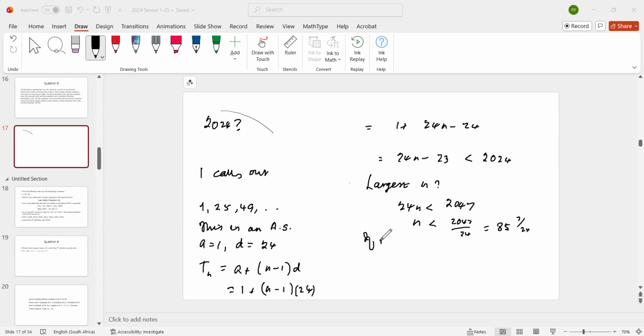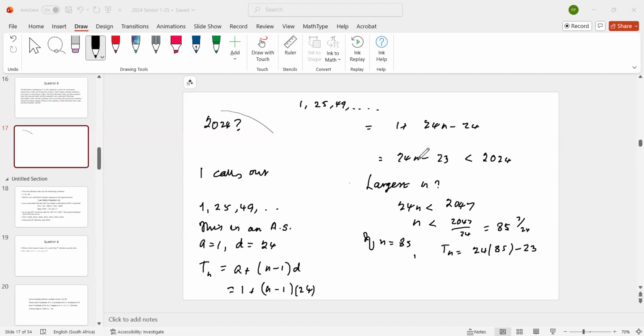But the largest value of n is 85, since n is a whole number. So we are looking at the terms of the sequence here: 1, 25, 49. When n is equal to 85, Tn is equal to 24 times 85 minus 23.